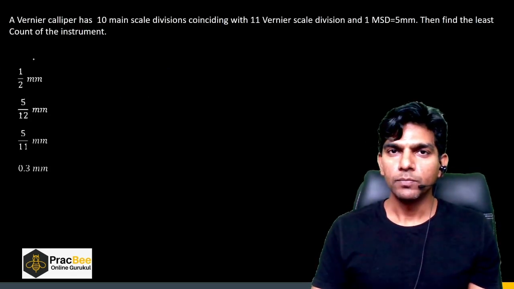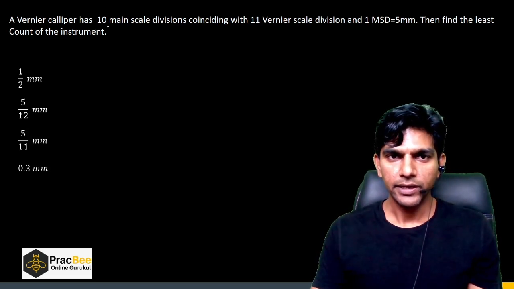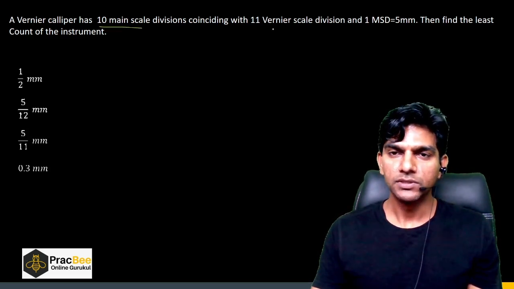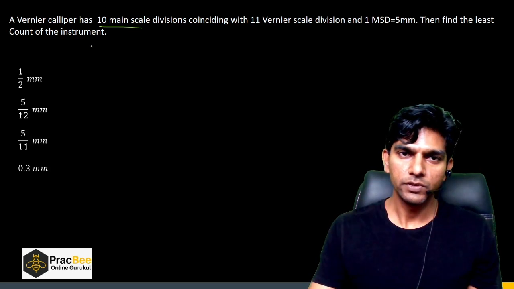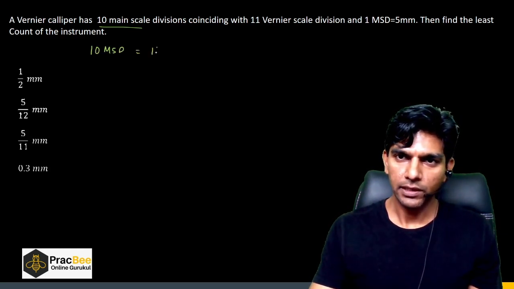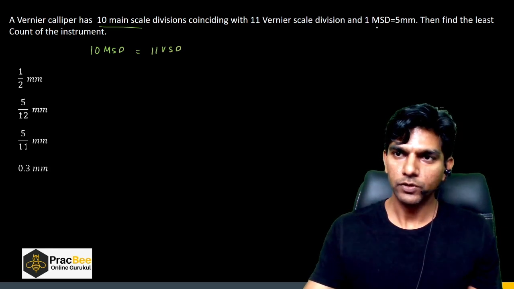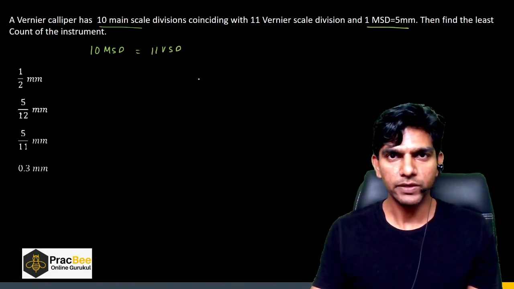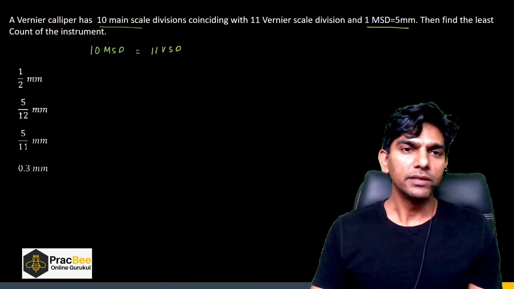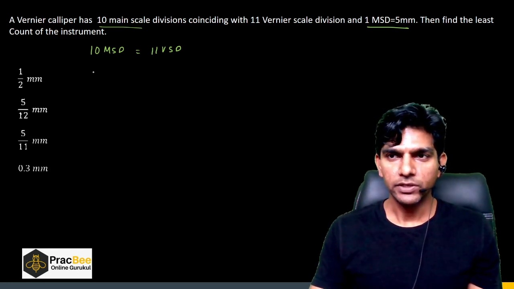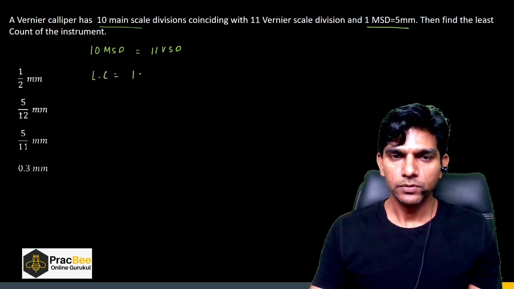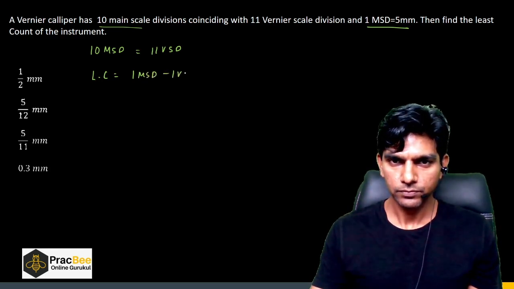Next question is from vernier caliper. A vernier caliper has 10 main scale divisions coinciding with 11 vernier scale divisions. So we are given 10 main scale divisions coincide with 11 vernier scale divisions, and one main scale division is equal to 5 millimeter. Then find the least count of the instrument. So we know that the least count is the difference of the main scale division and the vernier scale division.